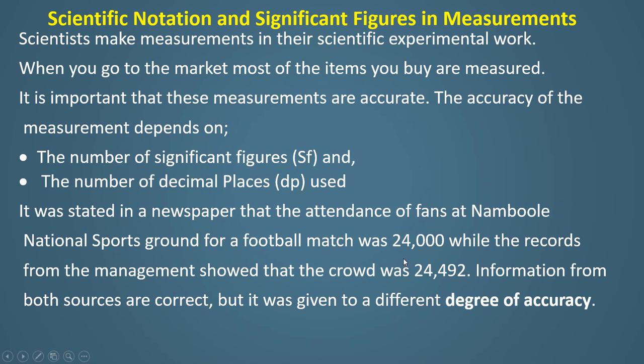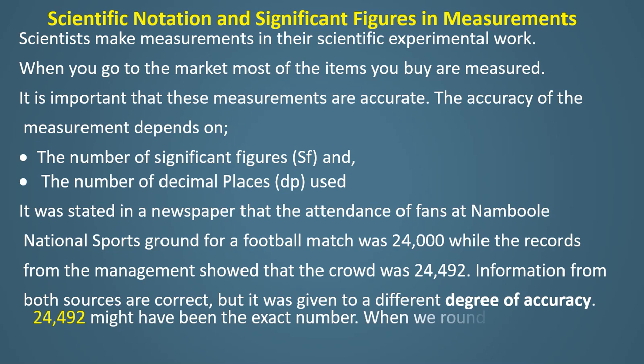The newspaper recorded 24,000 fans, but the exact number recorded by the management of the sports ground showed that actually the number was 24,492. Now, as I've told you, this information is both correct, but the degree of accuracy is different. 24,492 might have been the exact number.